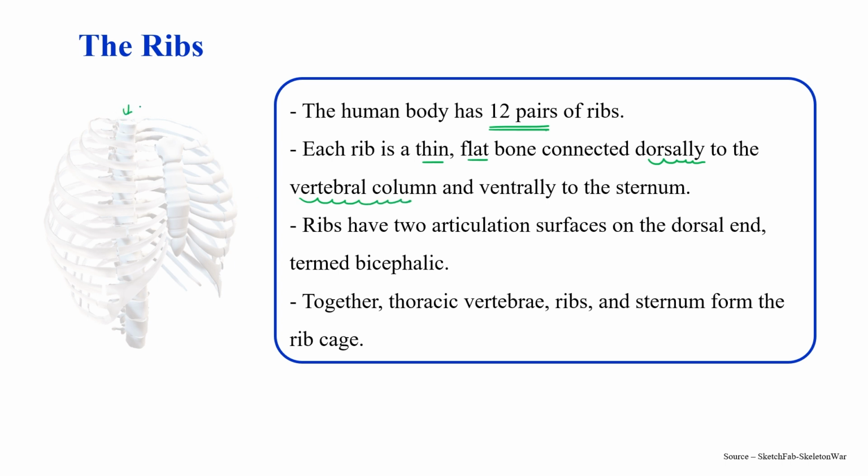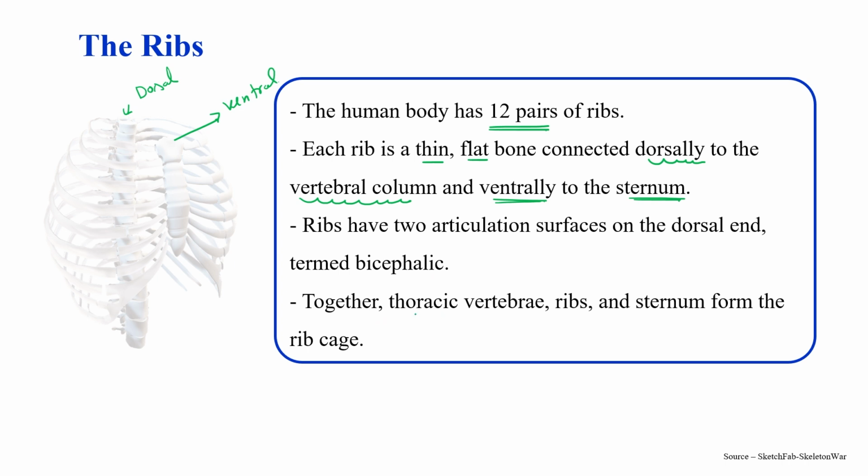Dorsally. This is the dorsal side, this is the ventral side. So dorsally connected with the vertebral column and ventrally with the sternum. Okay, our rib has 2 articulation surfaces on the dorsal end, termed bicephalic.